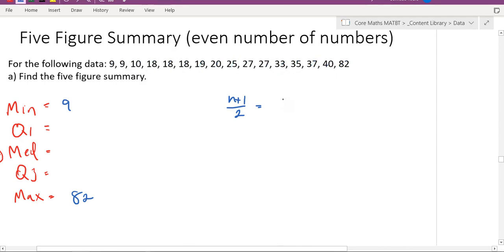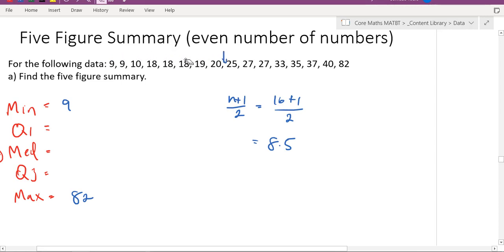So Marie, this is the formula you use to find the median position. Not the actual median, just the median position. So there's 16 numbers, plus 1, divided by 2, and that will equal 8.5. So that means my median is the 8.5th number. So if I go 1, 2, 3, 4, 5, 6, 7, 8.5 is right here.